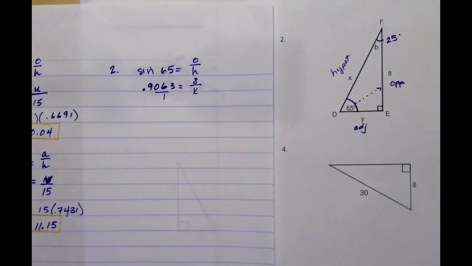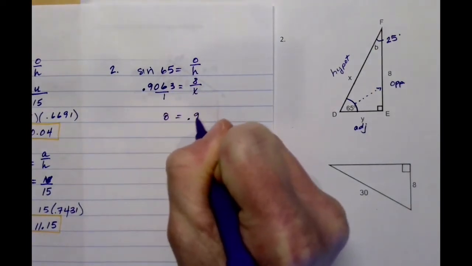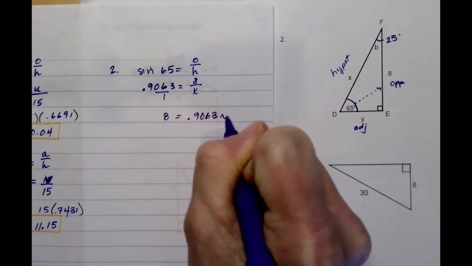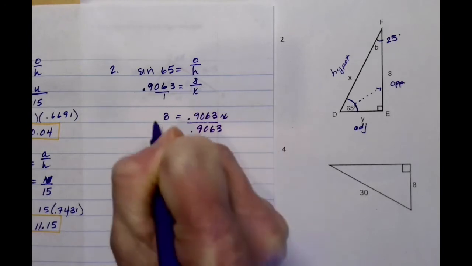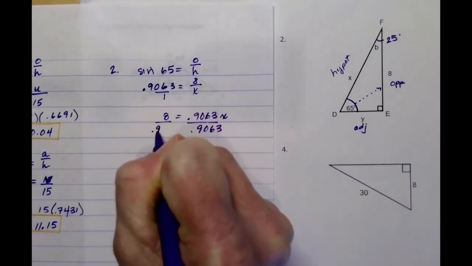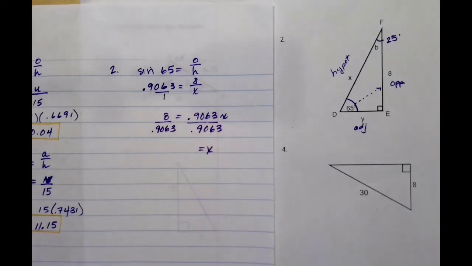And I can do some cross products. 8 is equal to 0.9063 times x, divide by 0.9063, and I can have my x value.